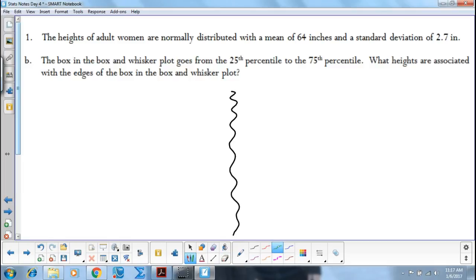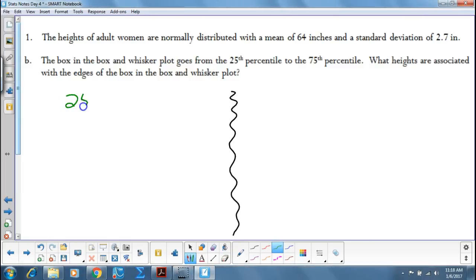My first problem is I need to do one for the 25th percentile. My second problem says that I've got to do one for the 75th percentile. Yes? Okay. So let's do the 75th one together, and then you guys can do the 25th one by yourself.